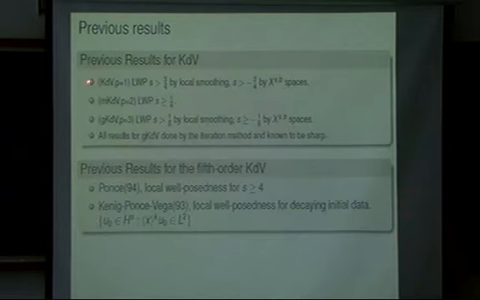Now, our problem is just in a Sobolev space, when the initial data is in H^s. But in their solution, the initial data has some sort of decaying power, and then it can be solved by the iteration method. Okay? But without this assumption, it is impossible.